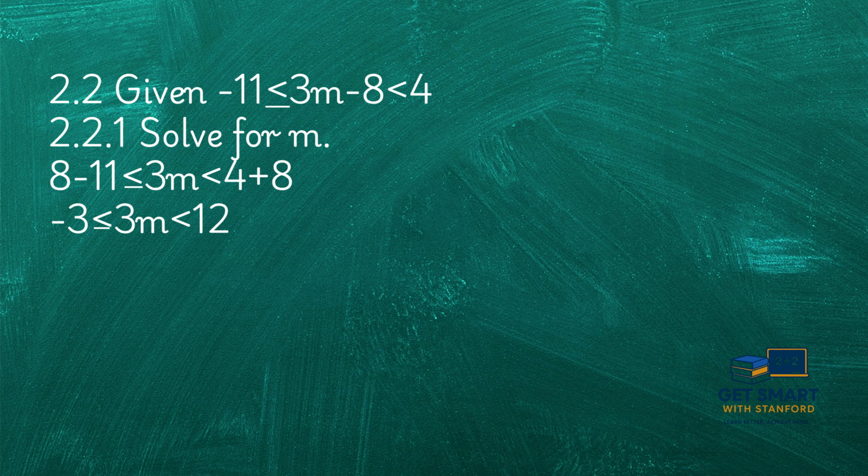We reach a conclusion that the inequality is -1 ≤ m < 4. The integers that satisfy this inequality are -1, 0, 1, 2, and 3. 4 is not included because the whole inequality is less than 4. It is never equal to 4, so 4 is not included.